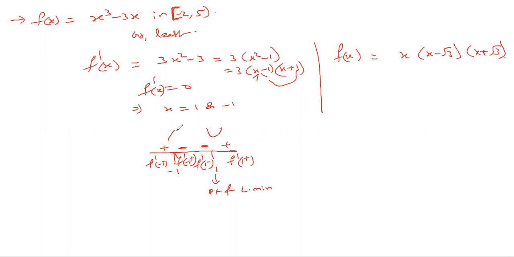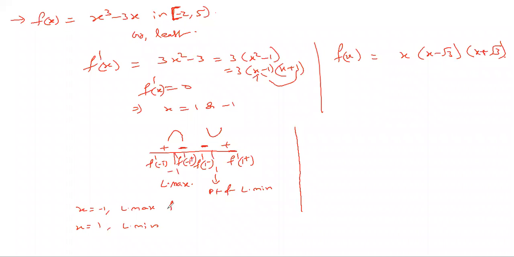First it should increase, after that decrease. So x equal to negative 1 is a point of local maxima, and x equal to 1 is a point of local minima. That's it.